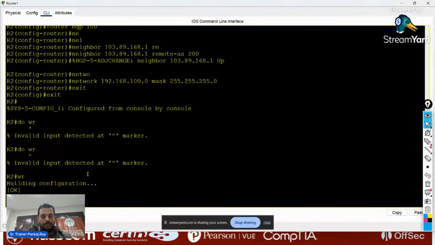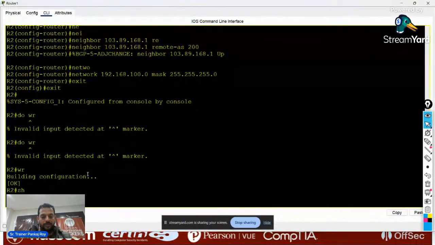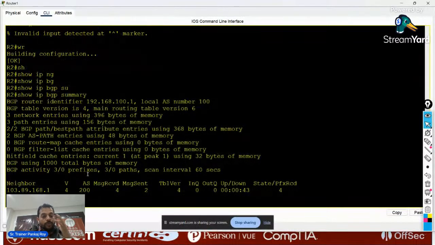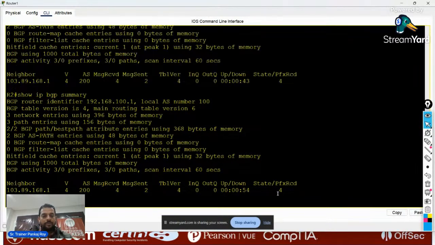So show ip bgp summary. Look at the two sides: 4 prefixes, version 4, 4 messages sent, table version 4. Now packets are being sent here, okay.